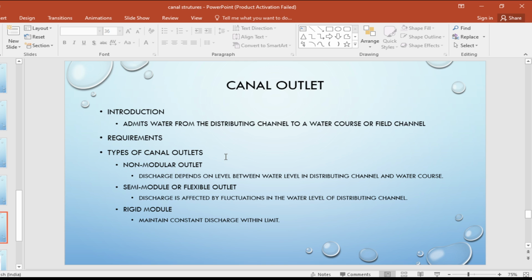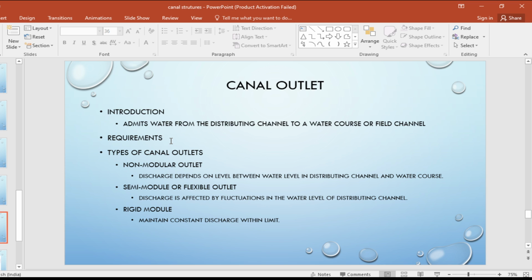Now the requirements. The efficiency of the canal network mostly depends upon the functioning of outlets and regulation works. So canal outlets should fulfill some requirements. What are those?